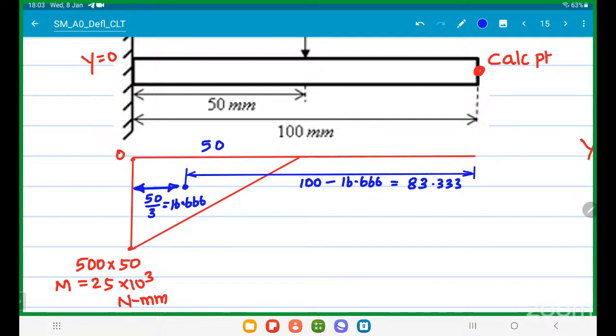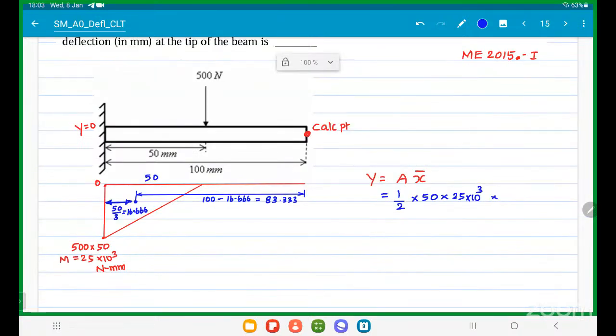Correct? Is it correct? Tell me the answer, please.